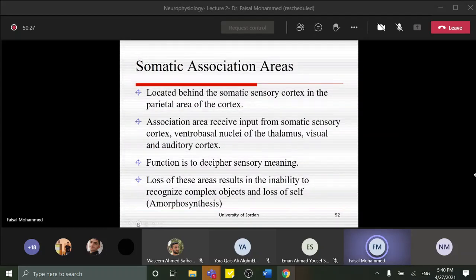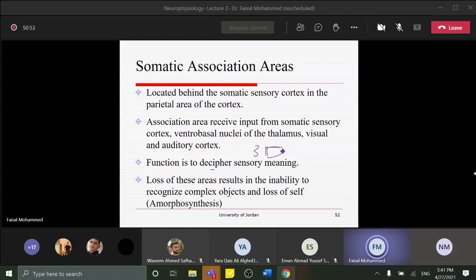Somatic area 2, as we said, is located behind. Behind it, there is an area called the association areas. We will discuss the association areas in the last part of our lectures, but their function is to give a three-dimensional view, 3Ds.